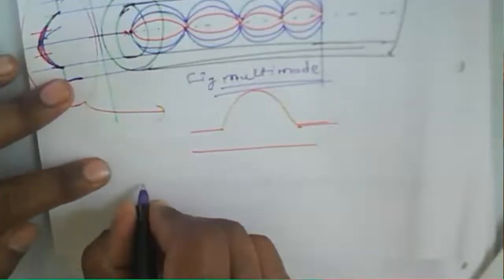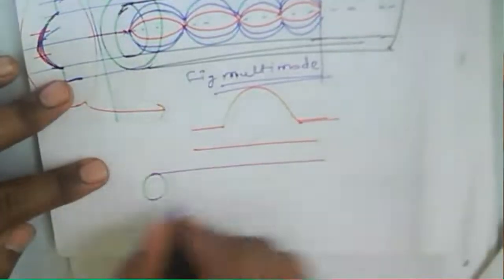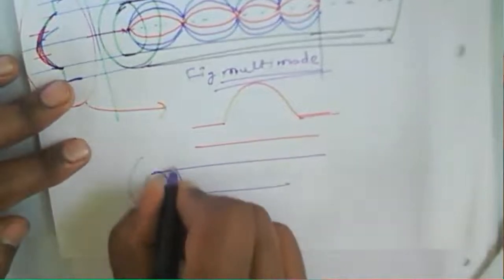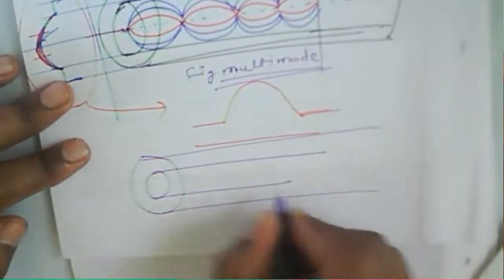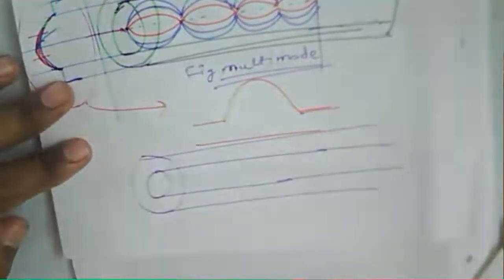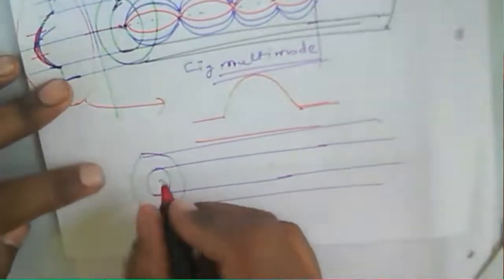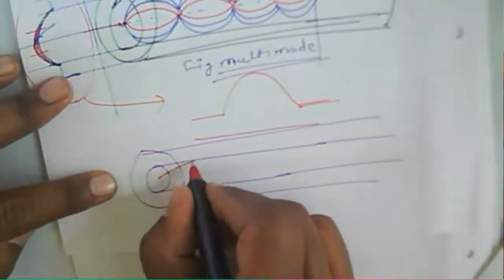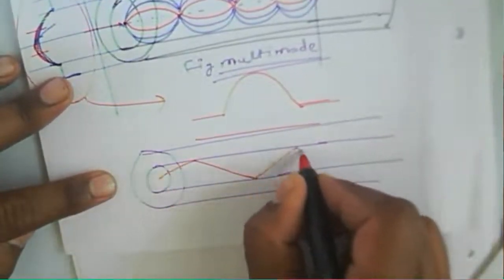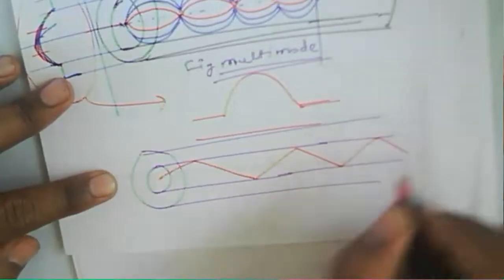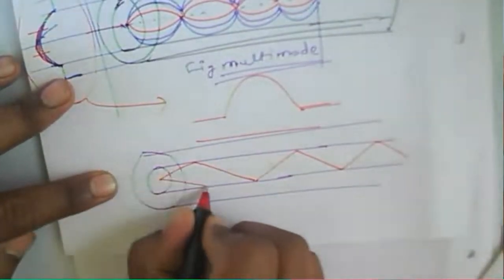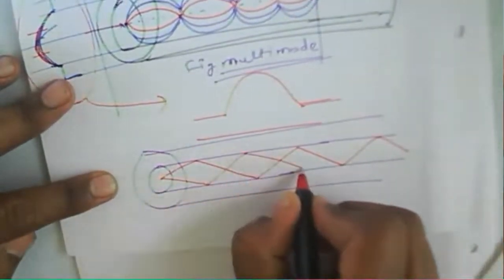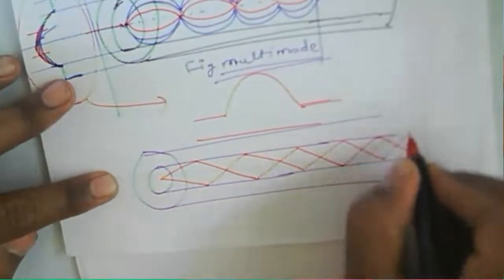But in the case of a step index fiber, if you compare, what will happen? Whichever rays are propagating, they are reflecting from the boundaries of the core and cladding.